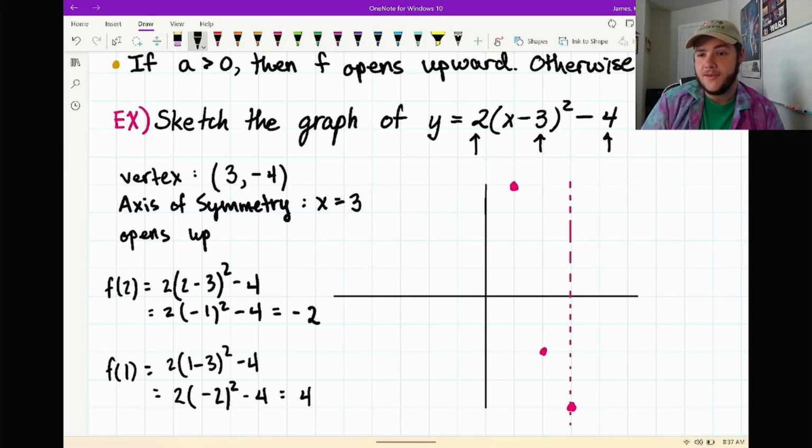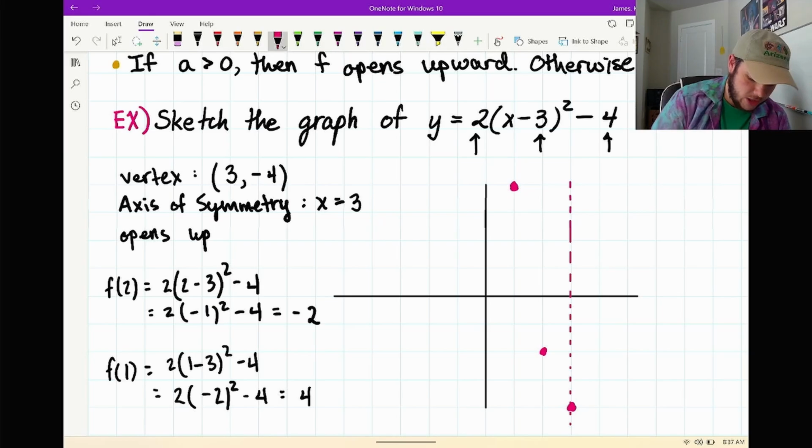Now, this line gives us some valuable information because I can just reflect all of these points across the axis of symmetry like it's a mirror. Let me show you what I mean.